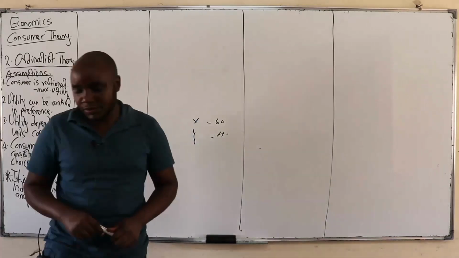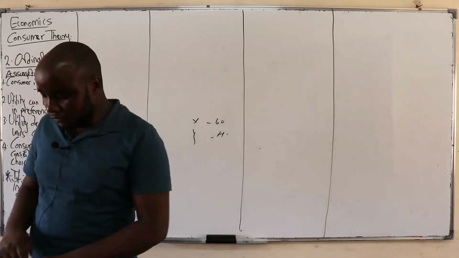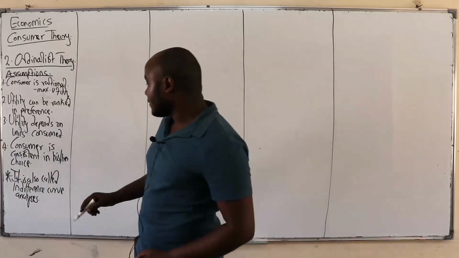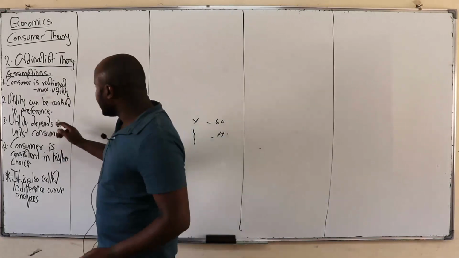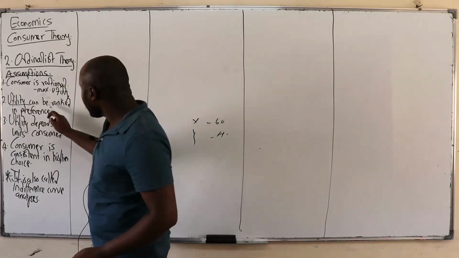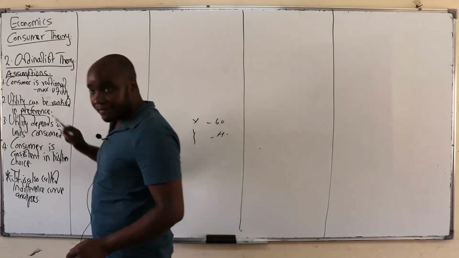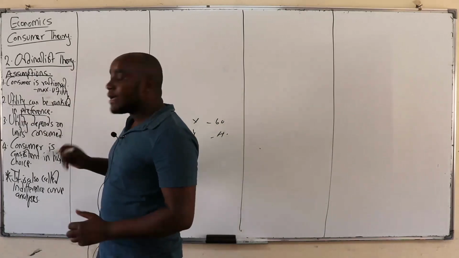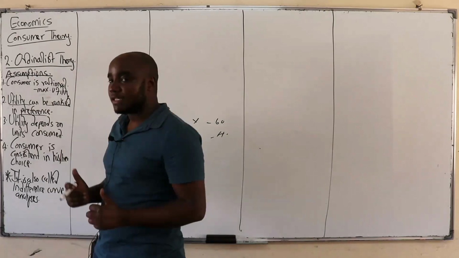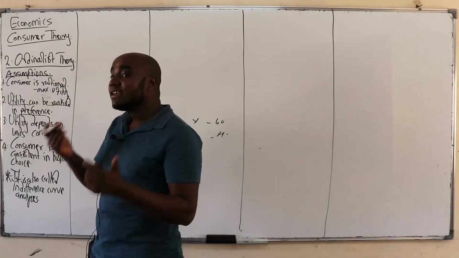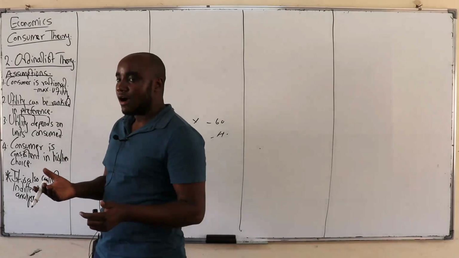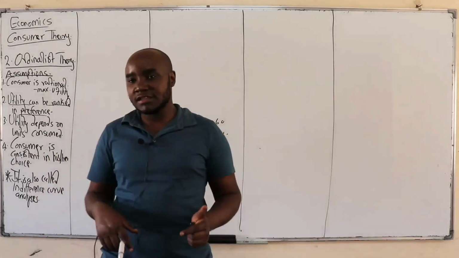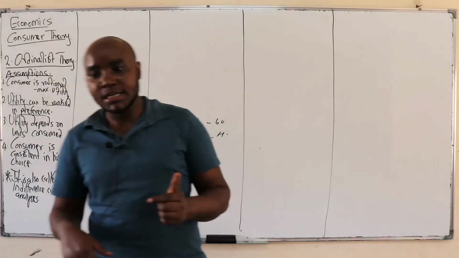Are you together? In short, we have said that utility can be ranked in preference. So in this theory, we usually say that we cannot measure the utility, but we can rank the utility. Are you together? The other one, we were measuring the utility.